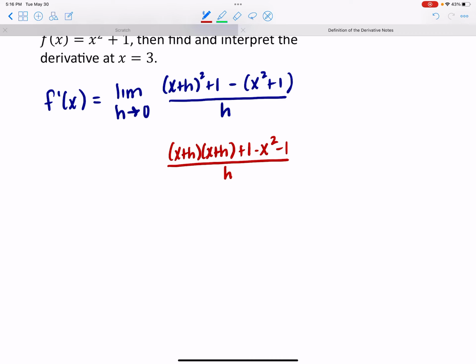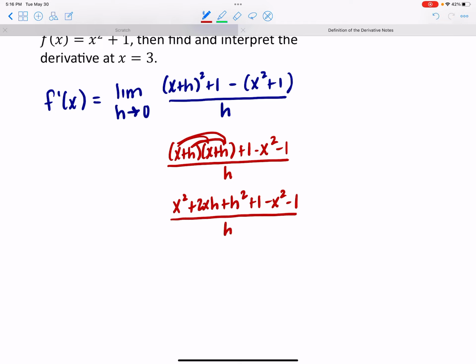Now I'm going to distribute the binomial. So we have an x squared, and then I have an xh here, another xh here, so that's two xh's. And then h times h is going to give me an h squared. And then again, I have a plus 1, a minus x squared, and a minus 1. That's all being divided by h. My attempt at drawing a line there, terrible.